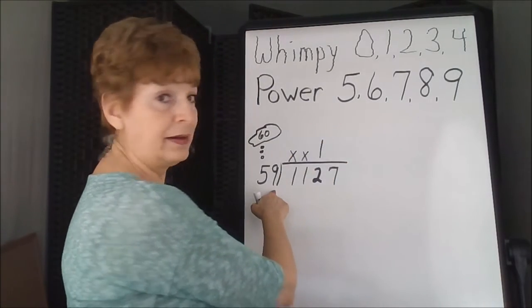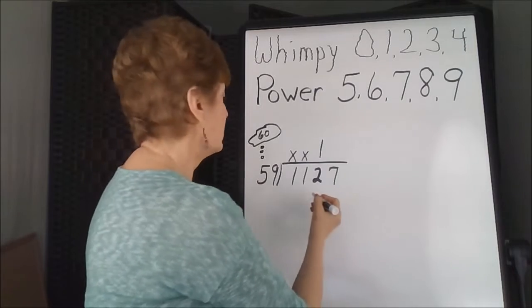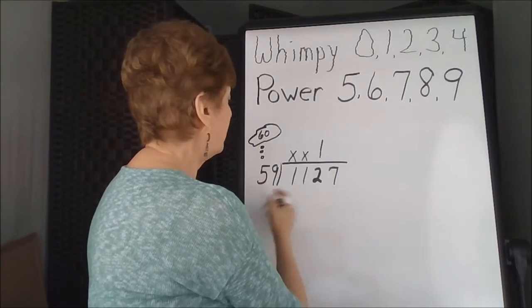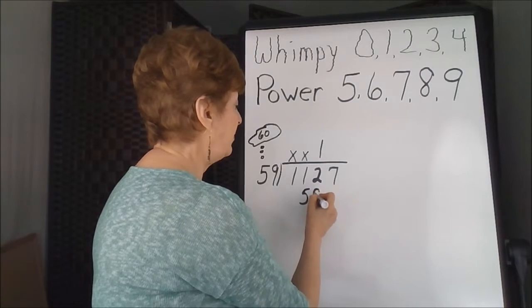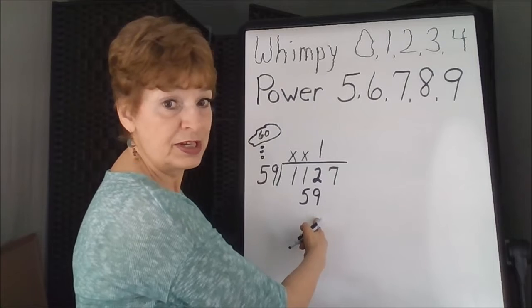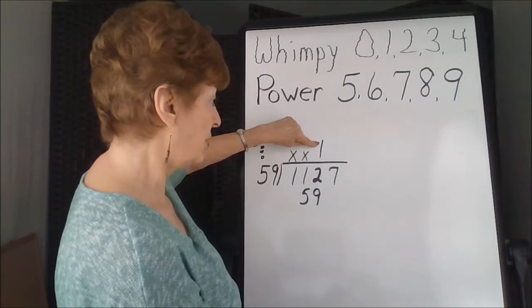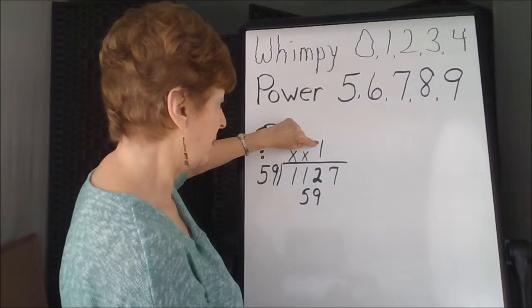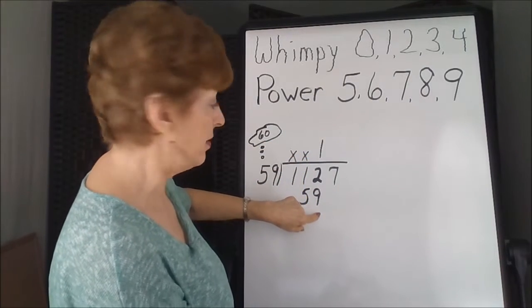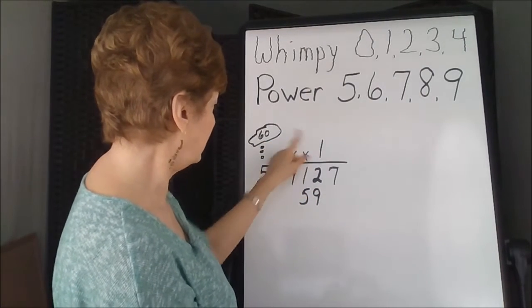Anything times 1 is that number. It's called the identity property of multiplication. So we're just going to copy down 59. Notice that my numbers are very straight. The answer to the problem is where I put my very first multiplication part of when I multiply back to the 59.